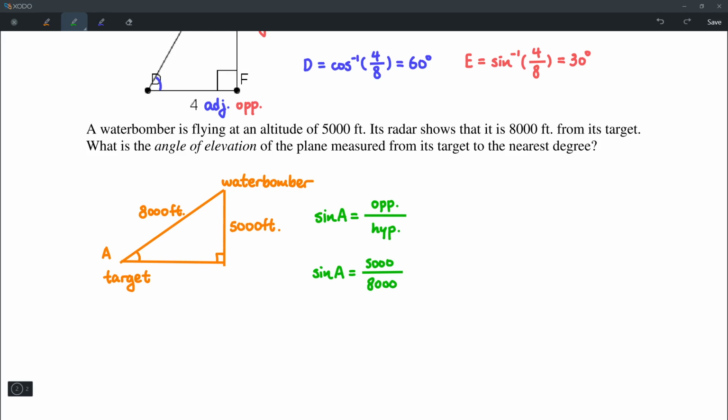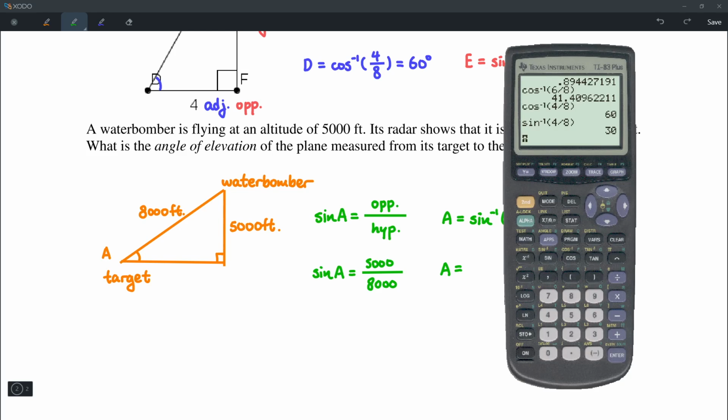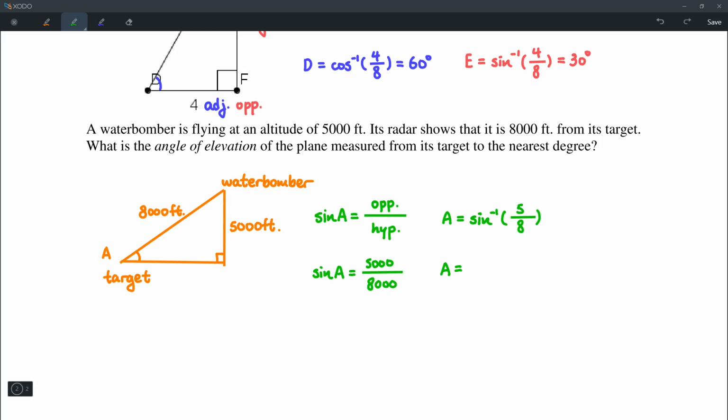And of course, A is going to be then equal to inverse sine or arc sine of simply 5 over 8, since we can divide both 5,000 and 8,000 by 1,000. And so A is going to be equal to, and we're going to round to the nearest degree again, 39 degrees.